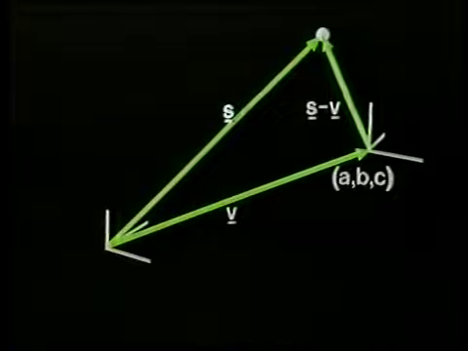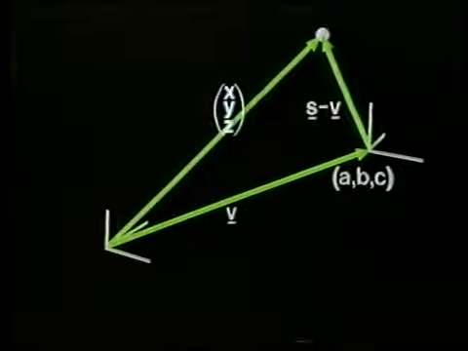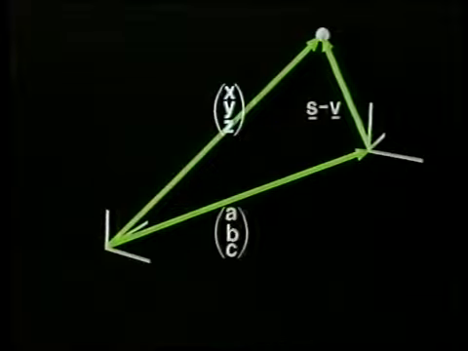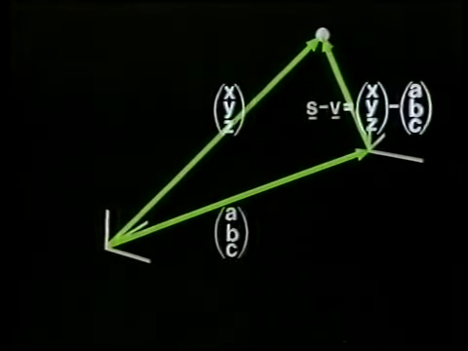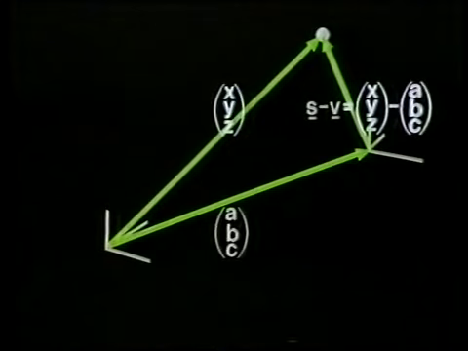The coordinates of s are just x, y, z, and v is the position of the new origin, so its coordinates are just a, b, c. So the coordinates of the point relative to the new set of axes are just x minus a, y minus b, and z minus c.